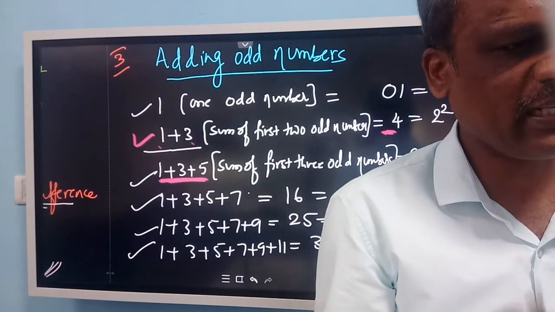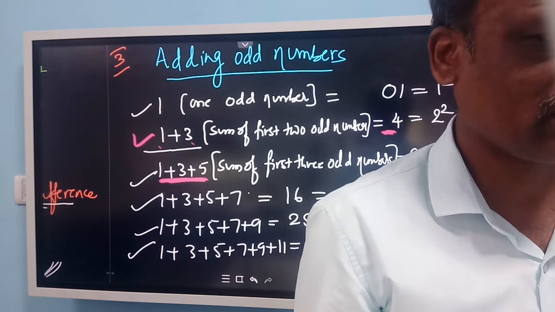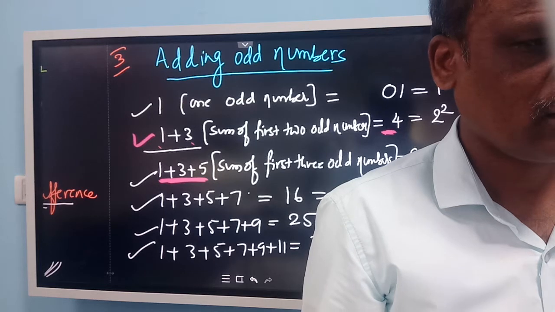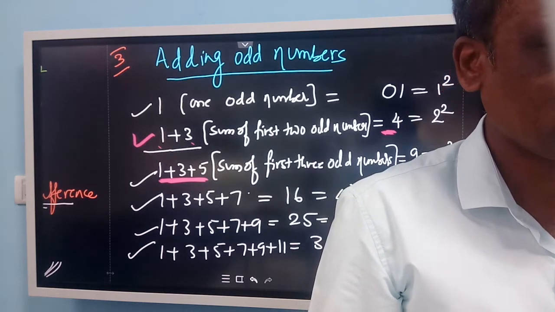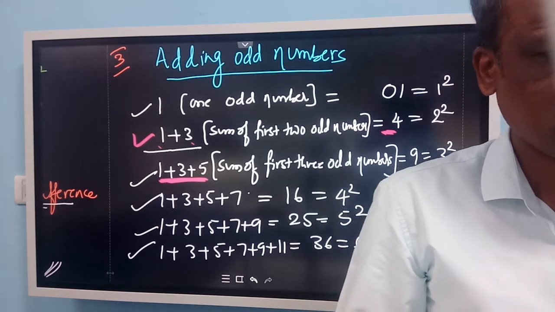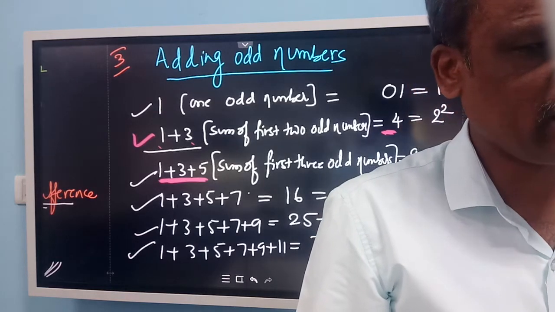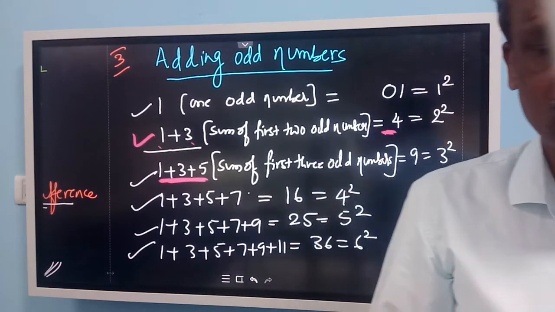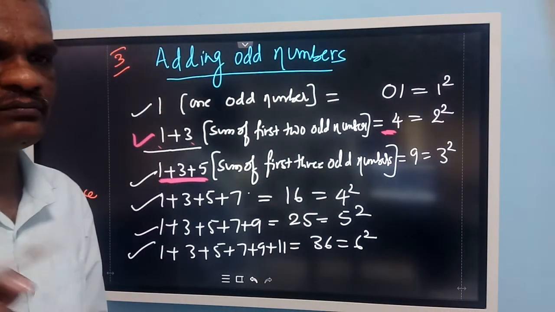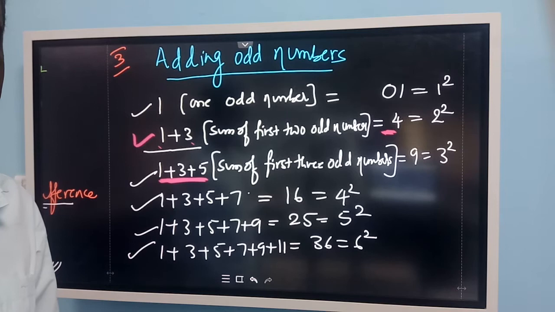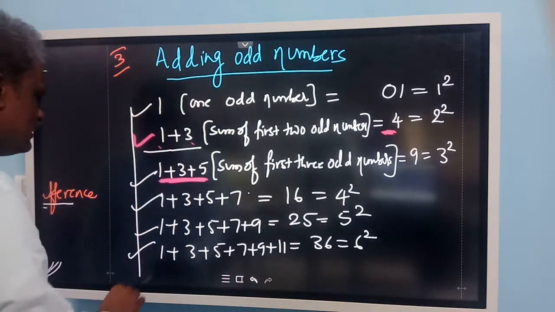So you can write 100 as the sum of the first 10 odd numbers, isn't it? 144 can be written as the sum of how many odd numbers? 12. 400 can be written as the first 20 odd numbers only. So this is the pattern you are getting from these examples.